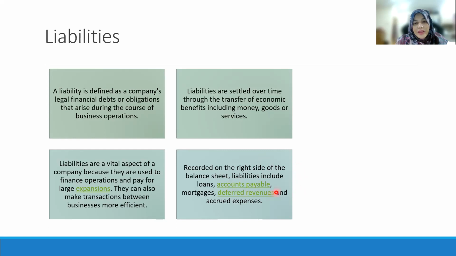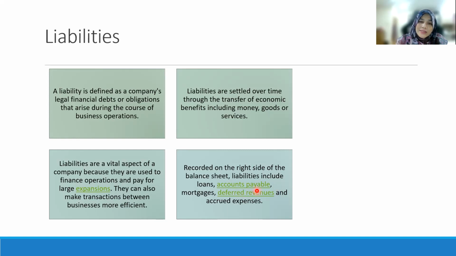Accounts payable are the amounts that we need to pay when we buy from the supplier or the vendor. The amount that we need to pay is known as payable. So accounts payable include the amount that the company owes to the supplier.